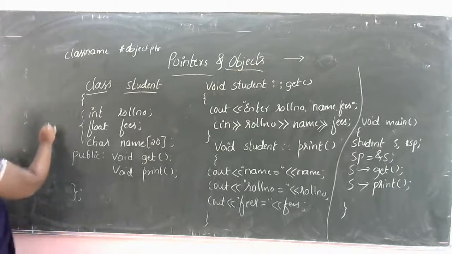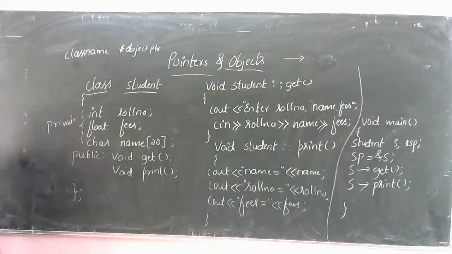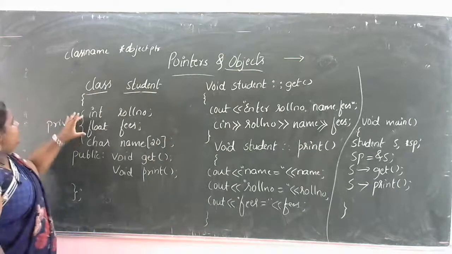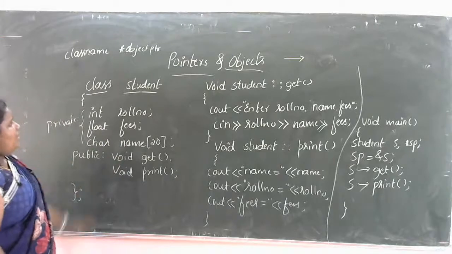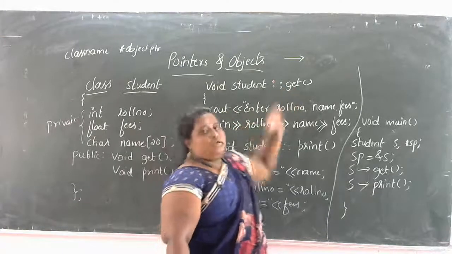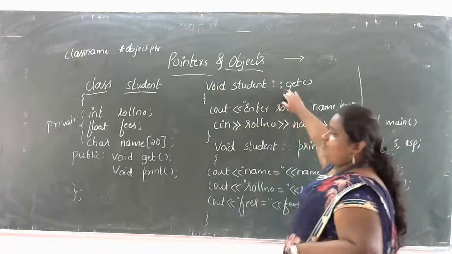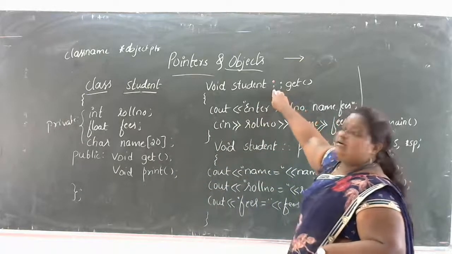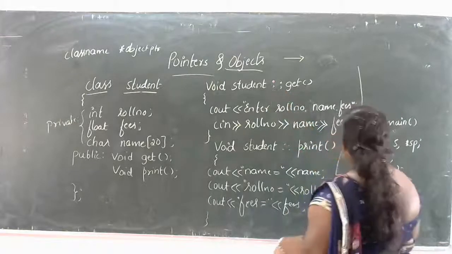By default, it is the private access specifier. Next, we have declared data members under the private access specifier and member functions under the public access specifier, and we have defined member functions outside of your class using the scope resolution operator.